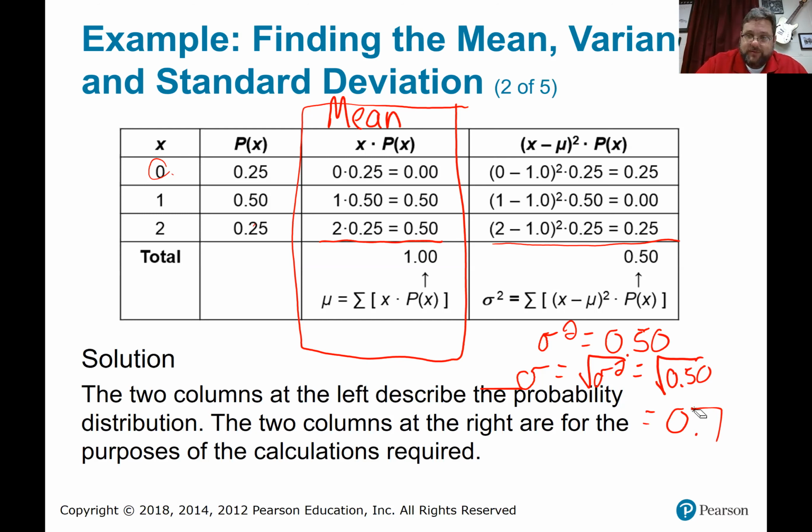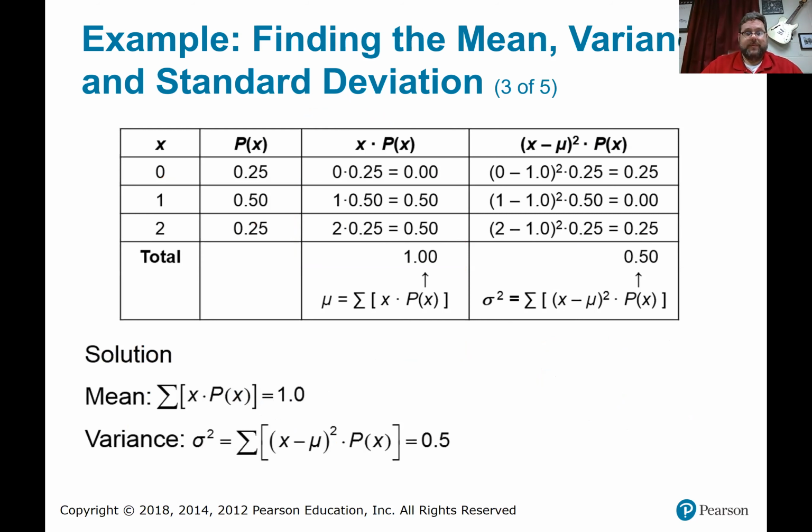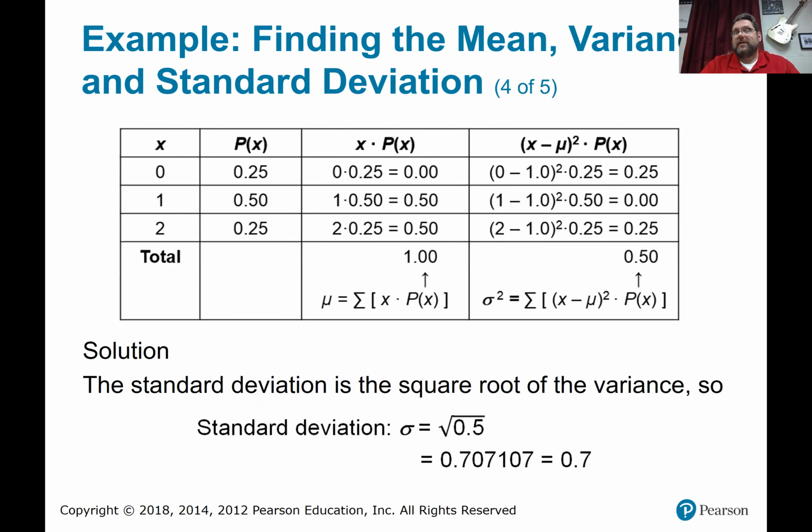All right, let me erase a little bit of that. So that's our answer. Sigma is 0.7. And see, there they have it, they've given us that at the end. So that's how we find the mean and the standard deviation.